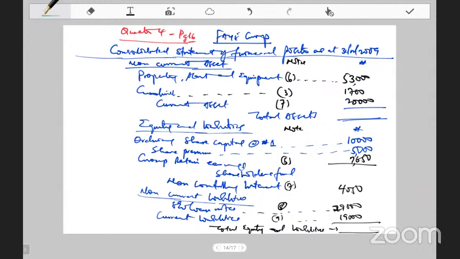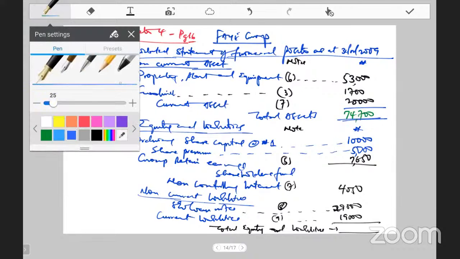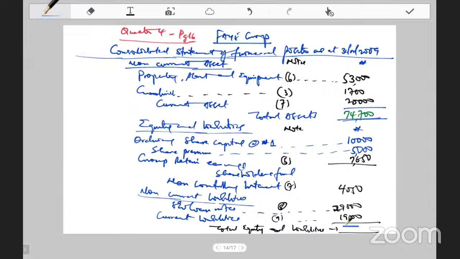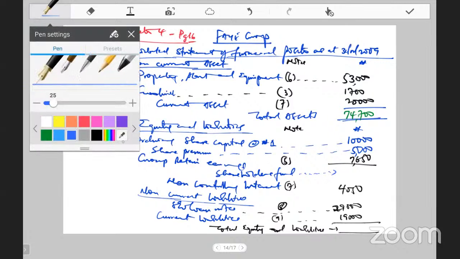Total asset is what? 74,700. Total equity and liability. Shareholders' fund first. Shareholders' fund 22,650.